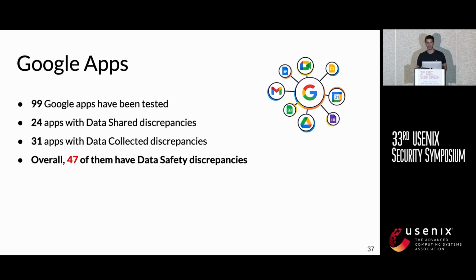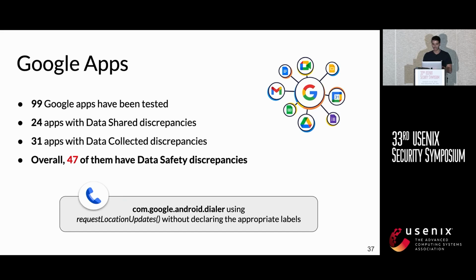A really interesting case study, and the most ironic one, is that even Google applications have discrepancies too. We found 24 applications with data share discrepancies and 31 applications with data collected discrepancies. Overall, 47 out of 99 Google apps had at least one discrepancy. For example, the default phone app requests location updates without the location label in the data safety section.